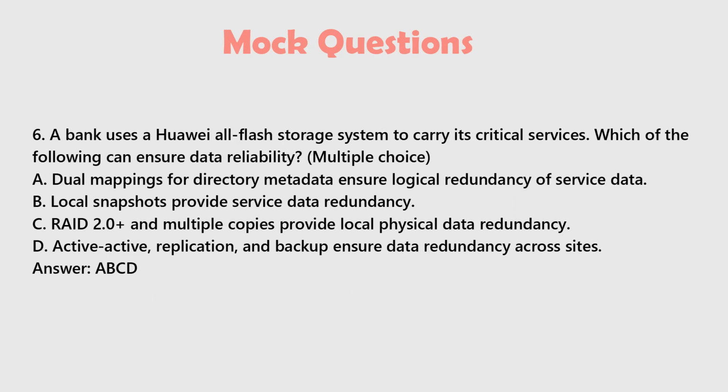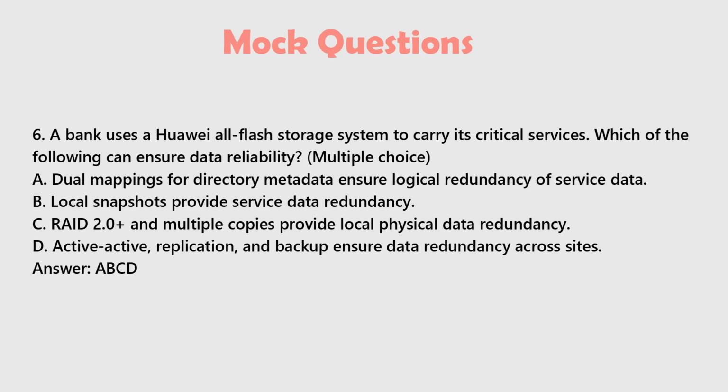6. A bank uses a Huawei all-flash storage system to carry its critical services. Which of the following can ensure data reliability? Multiple choice. A. Dual mappings for directory metadata ensure logical redundancy of service data.